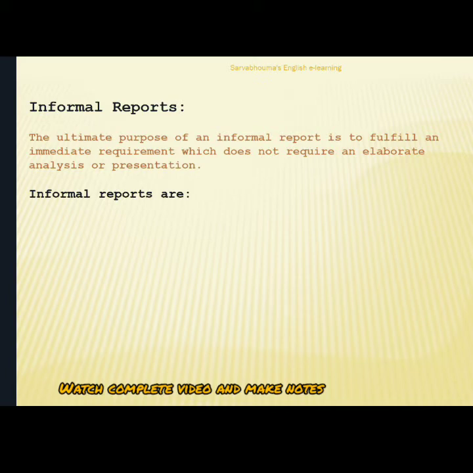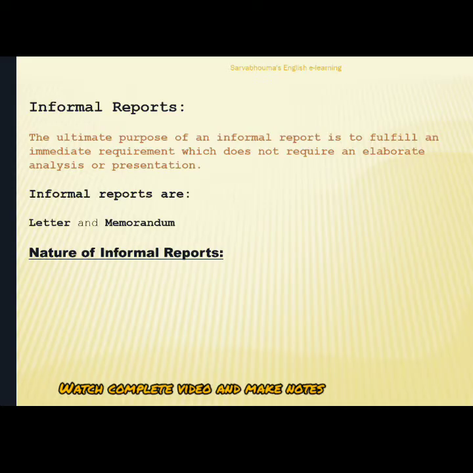The ultimate purpose is to fulfill an immediate requirement. It is the most important thing. Which are the informal reports? Already we have seen in the picture: letter and memorandum. These two are considered informal reports.